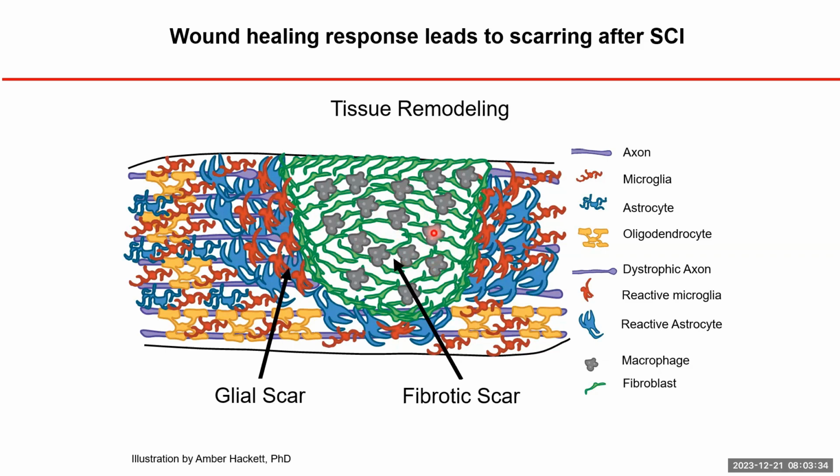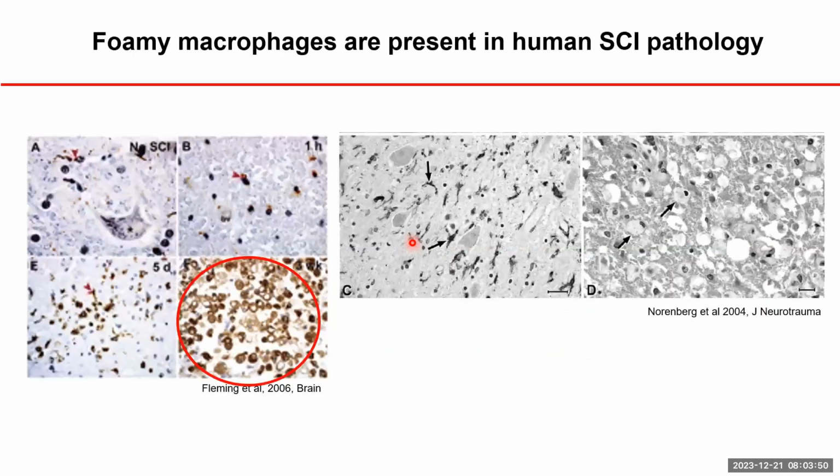They're certainly important for the development of fibrosis, as they are in fibrosis of peripheral organs, and they also mediate the astroglial response as well. This is one of the few pathologies that was first described in human tissue.